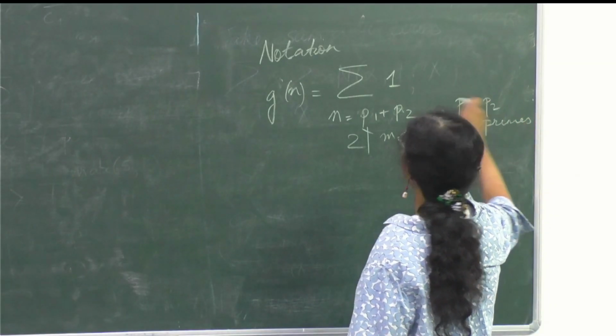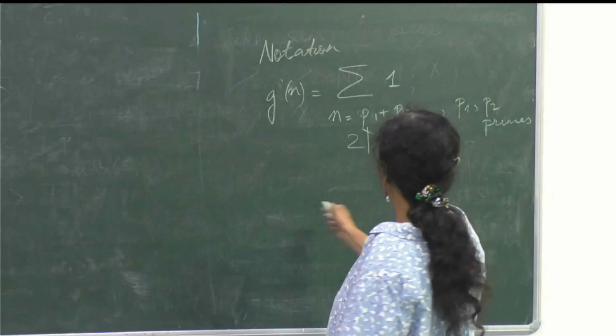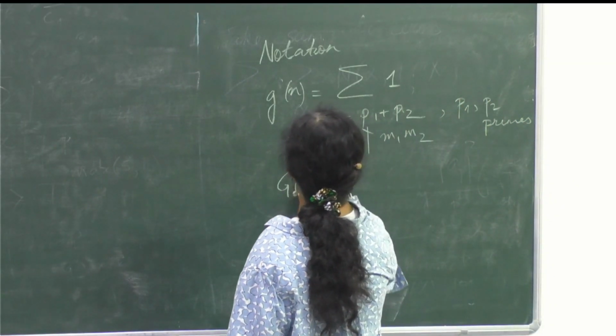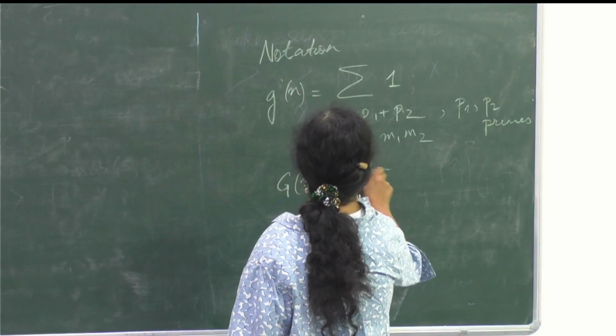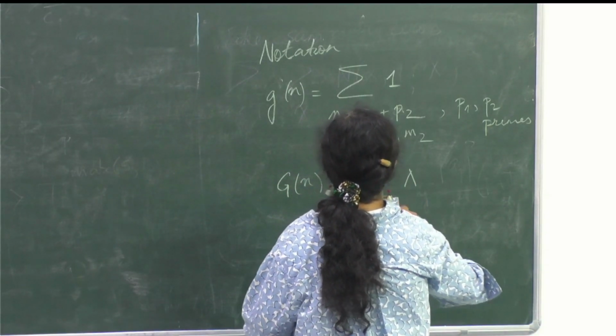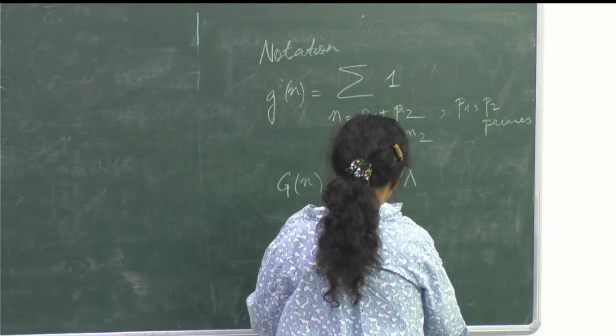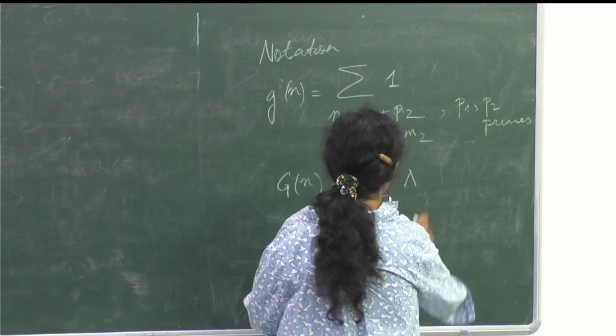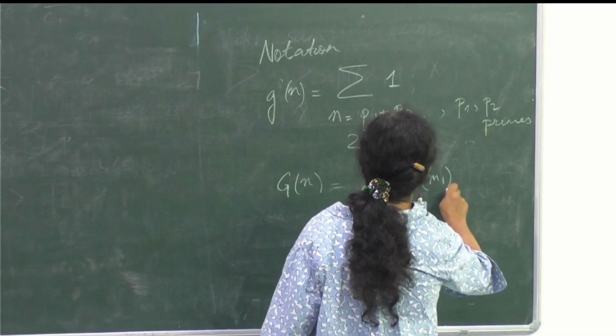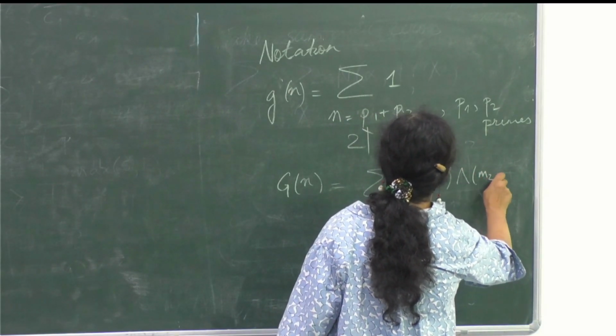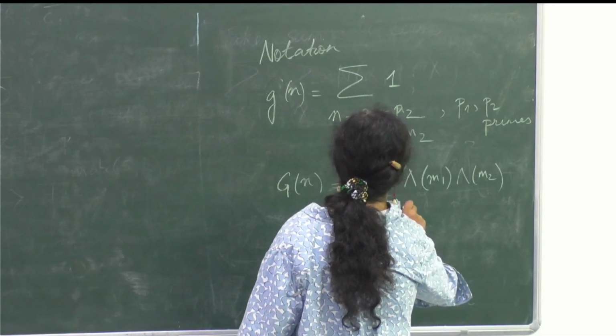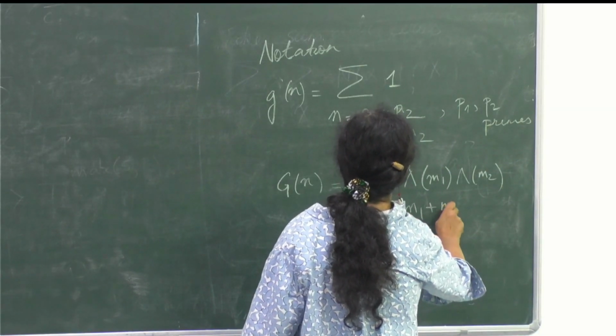and then move from primes to von Mangoldt. And then capital G of n, we will write it as the sum of lambda m1 times lambda m2, where n is equal to m1 plus m2.